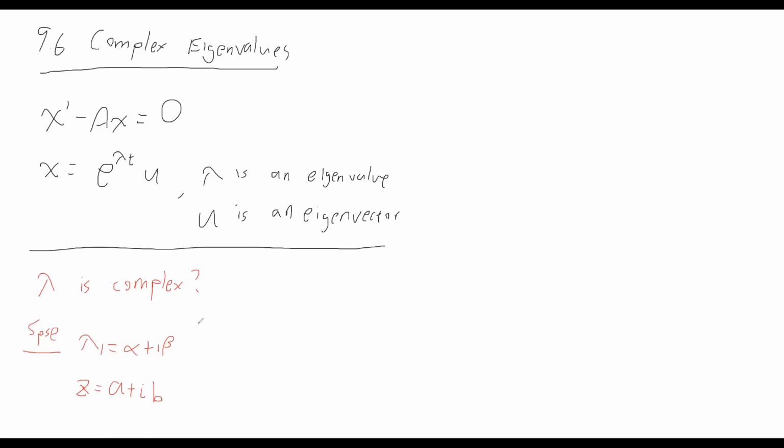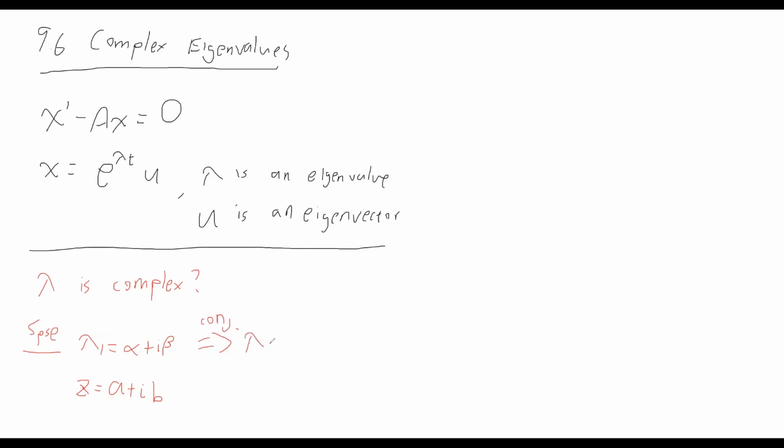But before we do that, remember that complex numbers have conjugates. That means if we find one complex eigenvalue, its conjugate has to be an eigenvalue as well, right?